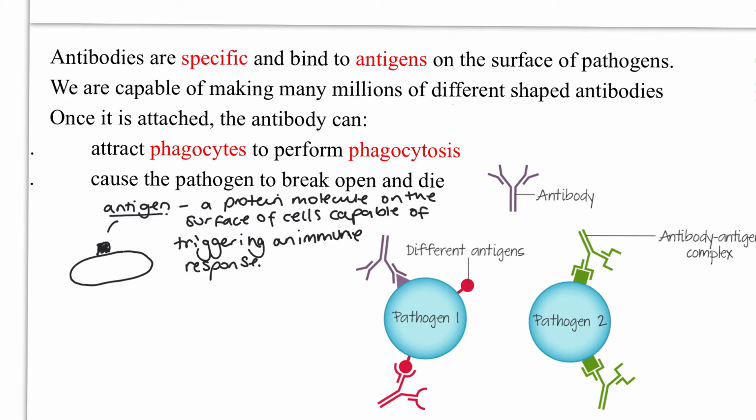So when your white blood cells recognize this, you've got all these different lymphocytes, and the specific types of lymphocytes that are able to make antibodies are called B cells. So I'm going to be using this term B cells from now on. They're a type of lymphocyte.